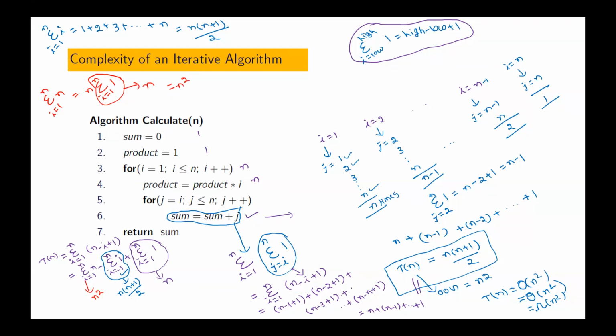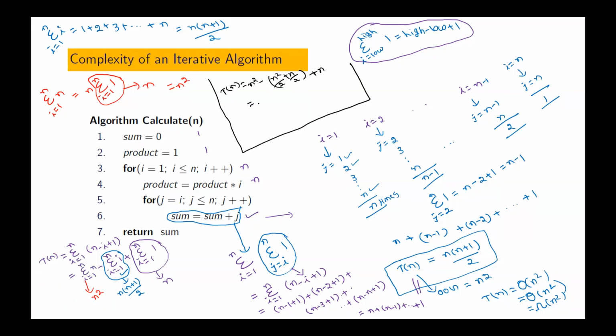So therefore, what is T of n? Let us write it here. T of n is n square minus n square by 2 minus n by 2 plus n. Is that correct?